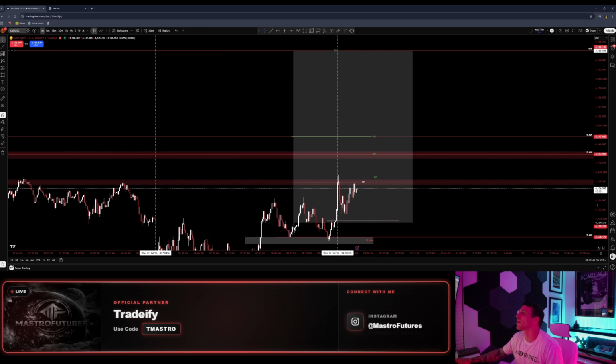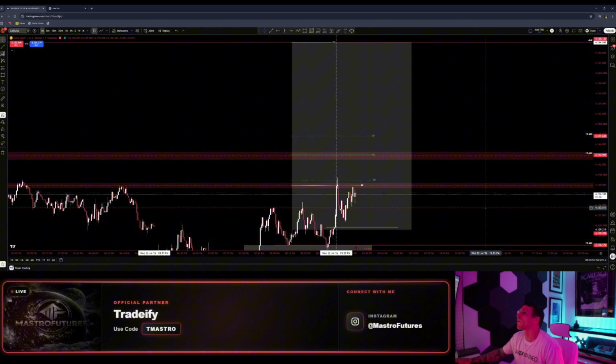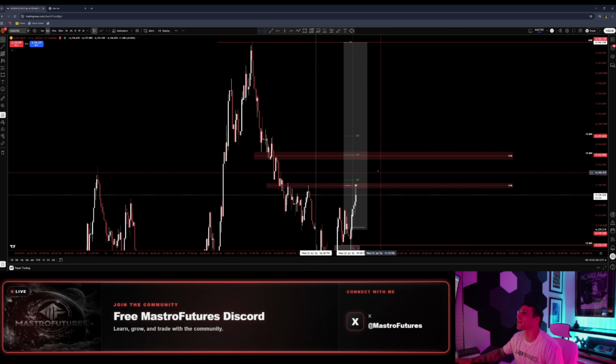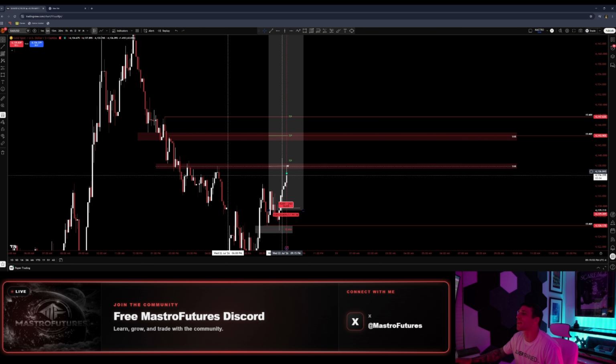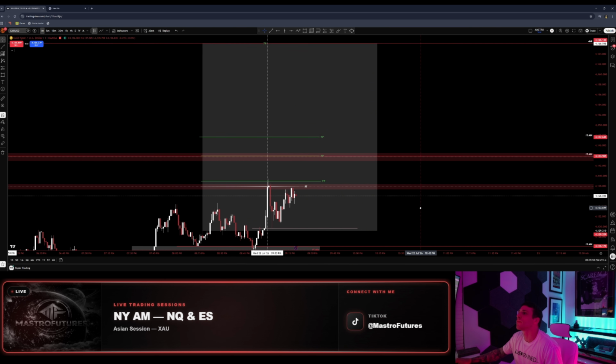I think we're going to dump here maybe. We'll see. We're playing around in this gap again, and we're hesitating to break above this high. The 5-minute time frame looks like it wants to dump. We'll see.